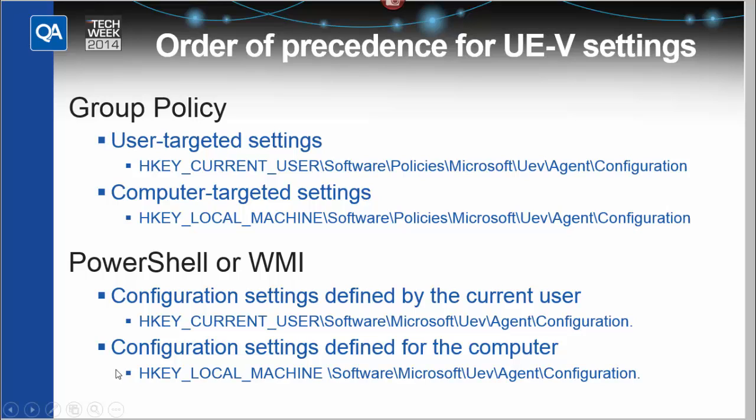So we do our PowerShell or Windows WMI commands that affect the machine first, and then those can be overridden by those that affect a user. We then apply group policies, and the group policies that are targeted at machines will then be overridden by group policies that are targeted at specific users. So this way, the user settings will always override any machine-based settings that are set.